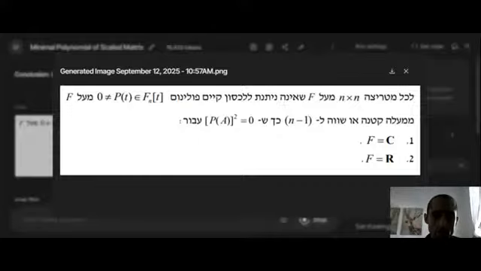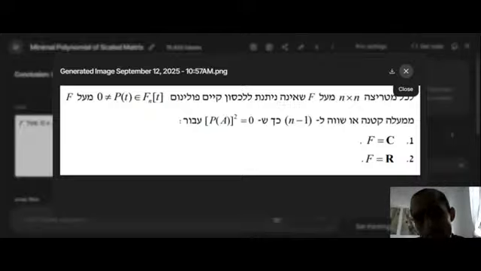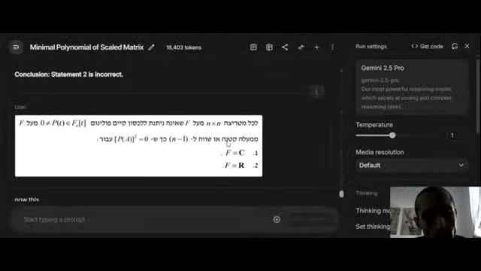For every matrix n by n above F which cannot be diagonalized, there is a polynomial above F of degree less than or equal to n minus 1 such that P(A) to the power of 2 equals 0. We need to read it.